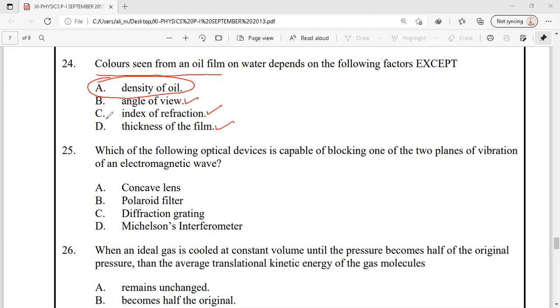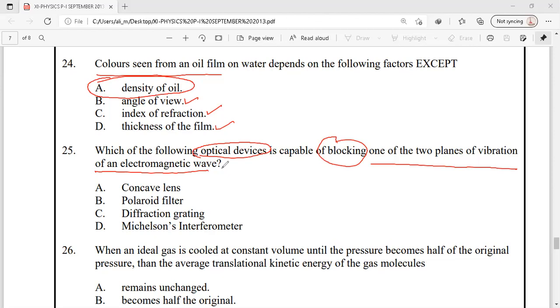Then we have question number 25. Which of the following optical devices is capable of blocking one of the two planes of vibration of an electromagnetic wave?